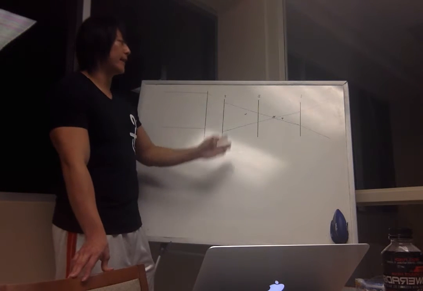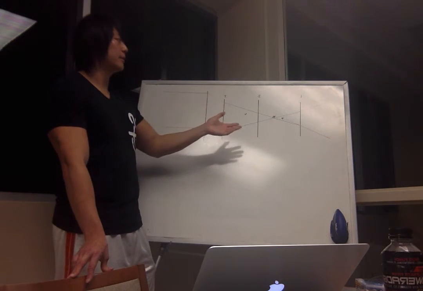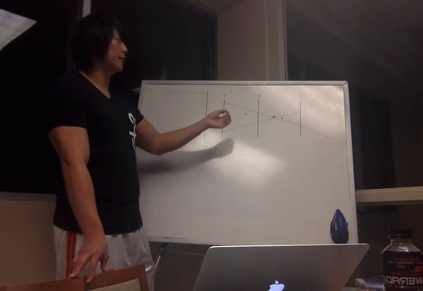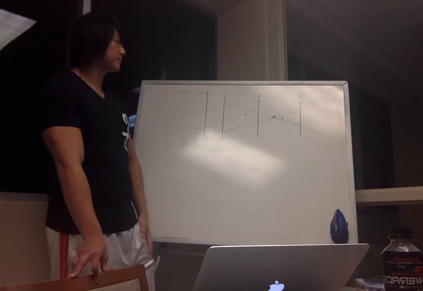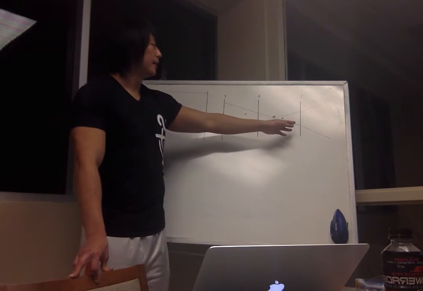If it contains either the image or the image rays, then it's going to be a part of the image space. So let's look at lens 1 again.